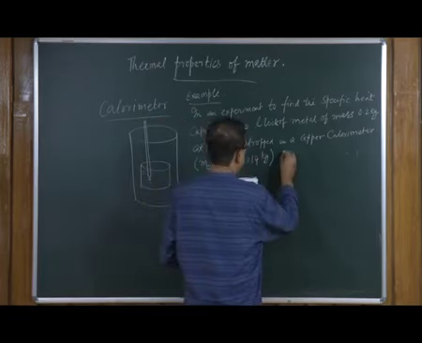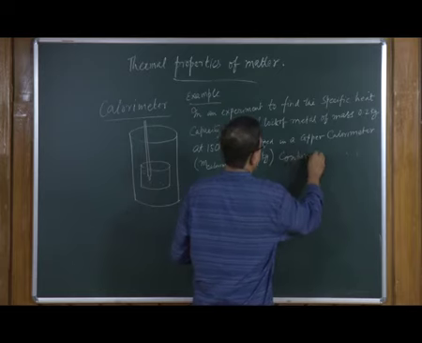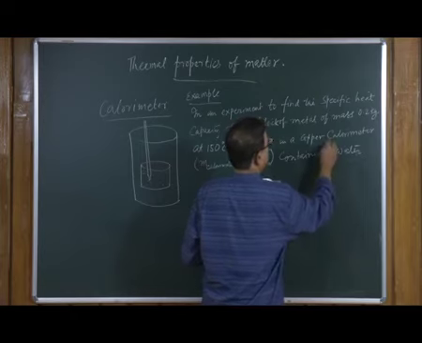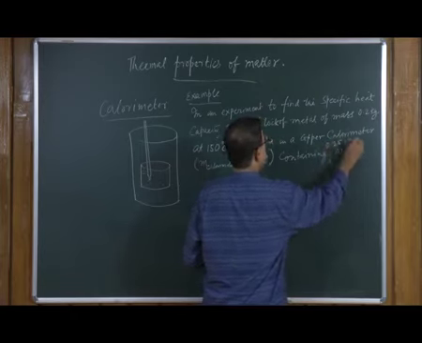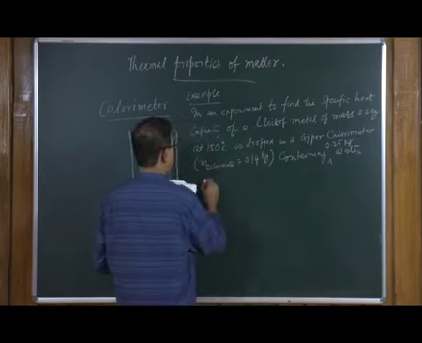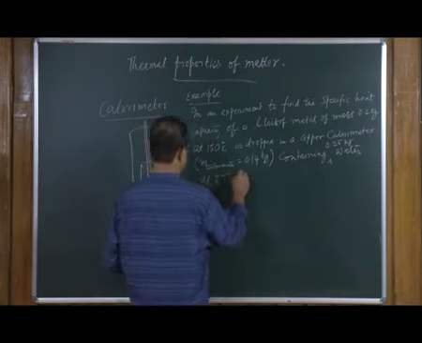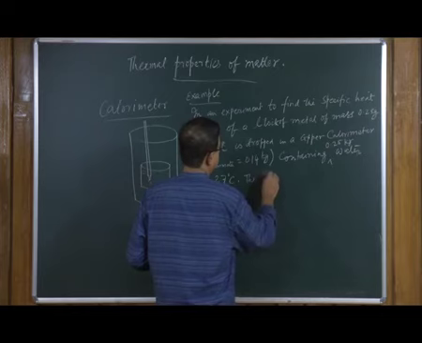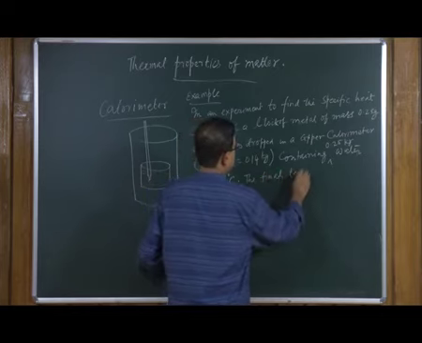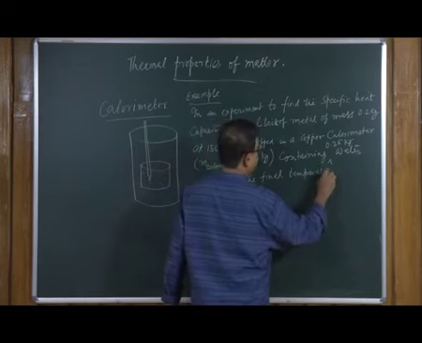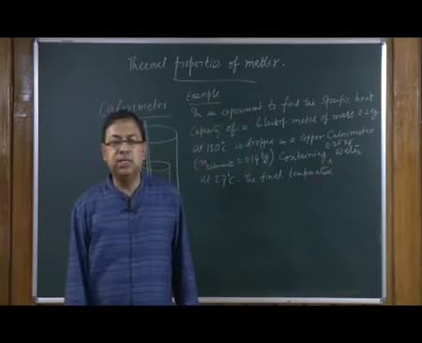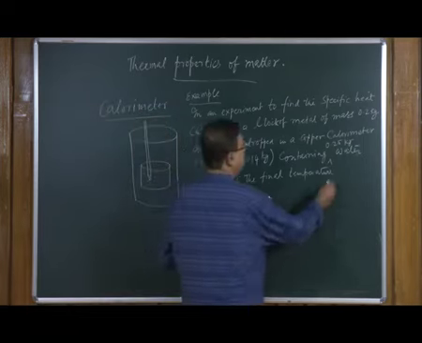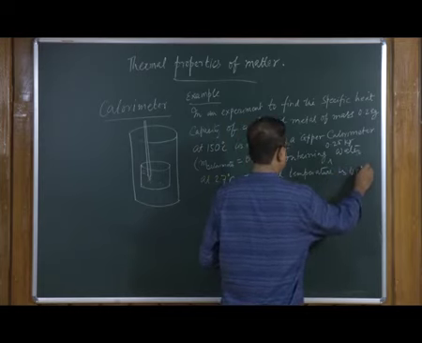And this calorimeter containing 0.25 kg water at 27 degree centigrade. The final temperature, so this final temperature means that after the thermal equilibrium is established, the final temperature is 40 degree centigrade.